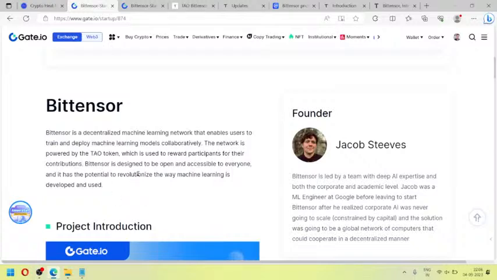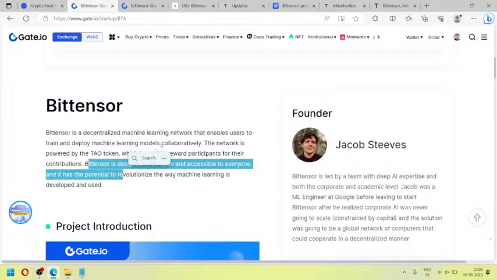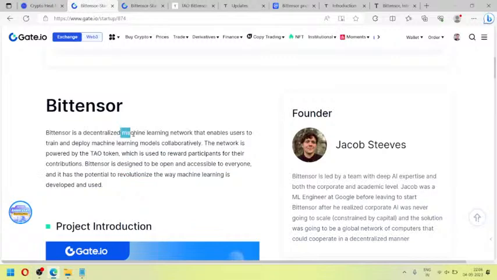Bittensor is designed to be open and accessible to everyone, and it has the potential to revolutionize the way machine learning is developed and used. It is a machine learning network used to train and deploy machine learning models.